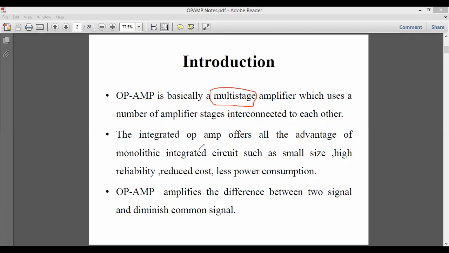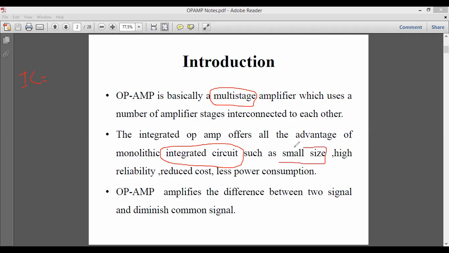Then integrated op-amps offer all the advantages of monolithic integrated ICs. The meaning of IC is integrated; you can call it a chip, or simply integrated circuits. It is more advantageous than the monolithic ICs because of its small size.